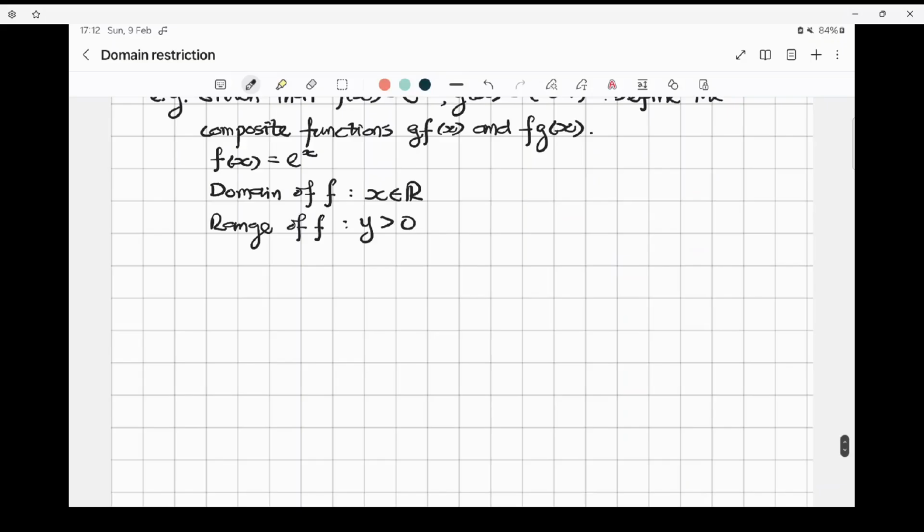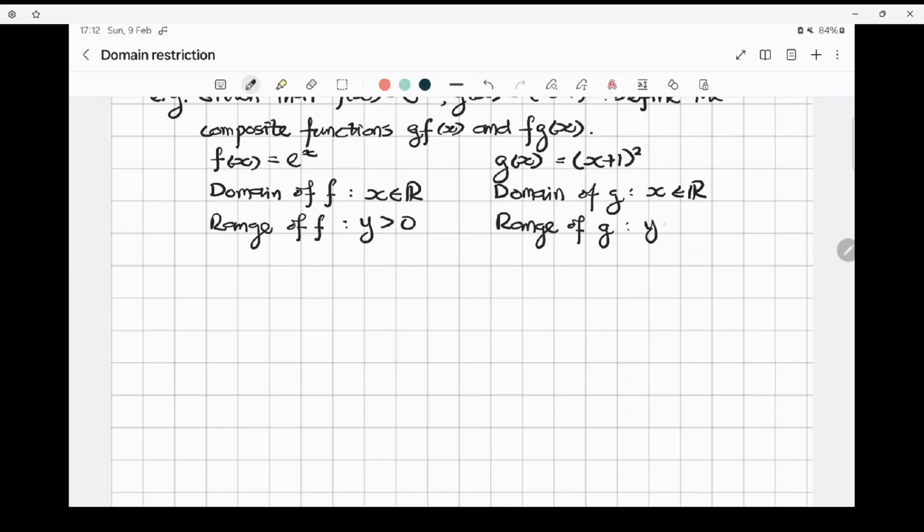So now let's look at g of x. g of x is x plus 1 squared. If you study the domain of g, it will be given by all real numbers as usual. The range of g would be greater than or equal to 0. In this case, it's a quadratic equation.